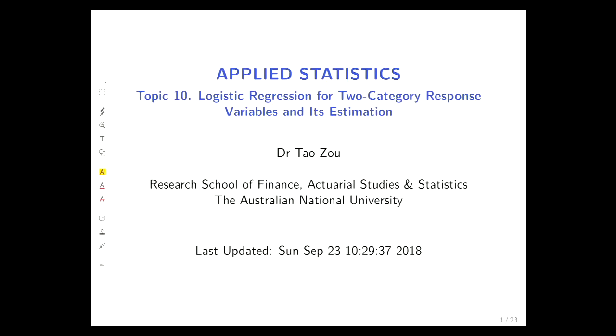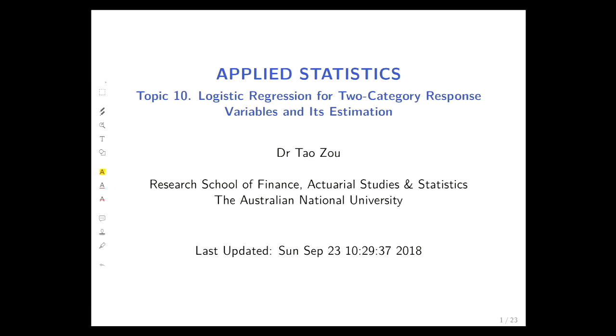Okay, let's start this new topic about logistic regression. So in the first half of this semester, we mainly talk about the continuous response regression, which is our multiple linear regression model. And in the second half of this semester, we are going to talk about the discrete response variables.